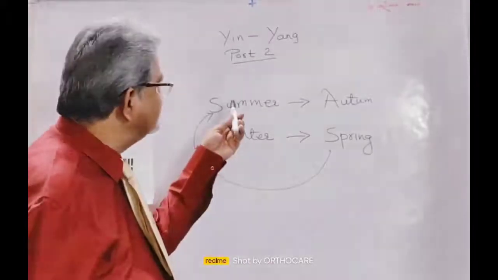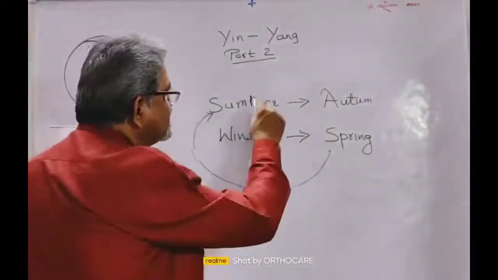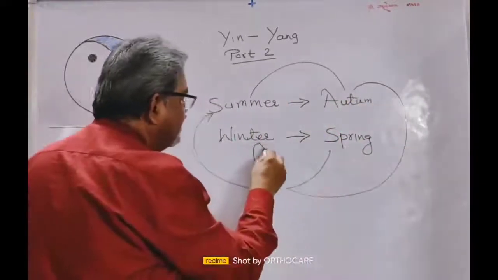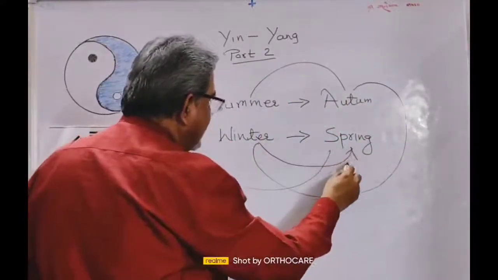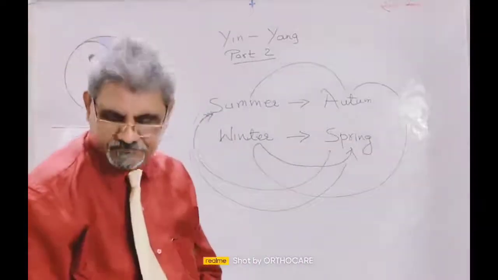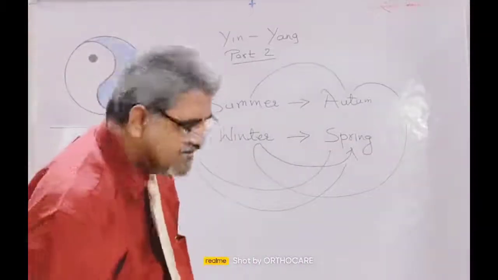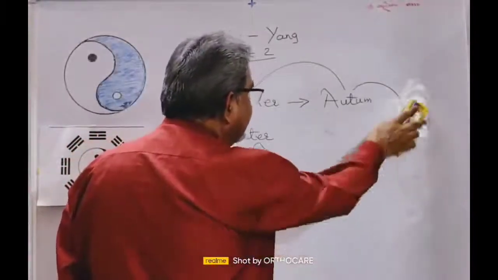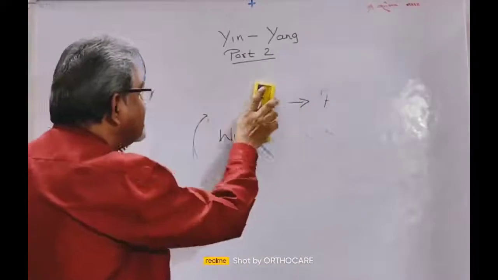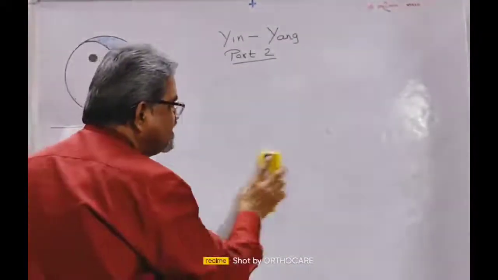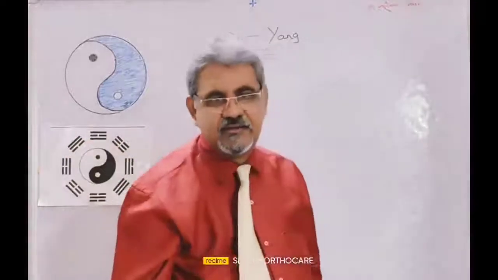So this is the cycle: summer to autumn, autumn to winter, winter to spring, and spring to summer. This is going on everywhere in the whole universe. So the whole universe is based on yin and yang.